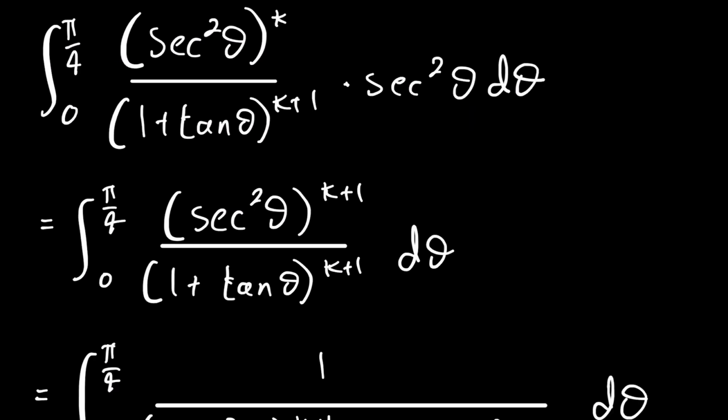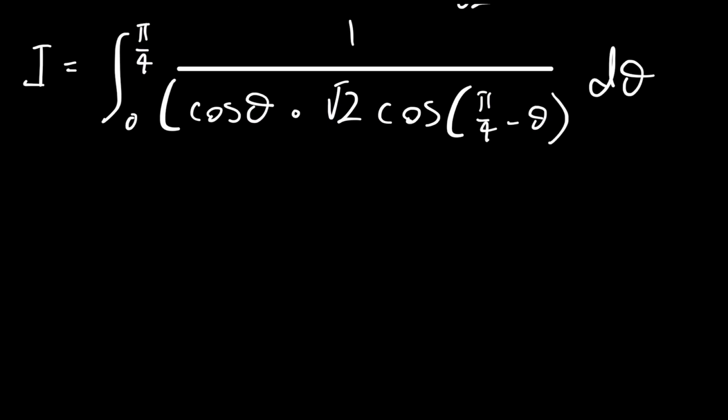So to do that, notice that the denominator stayed the same. And the illusion that creates is that we've made some kind of substitution where nothing in the denominator actually changes. So a good substitution to make would be theta equals pi over 4 minus phi.